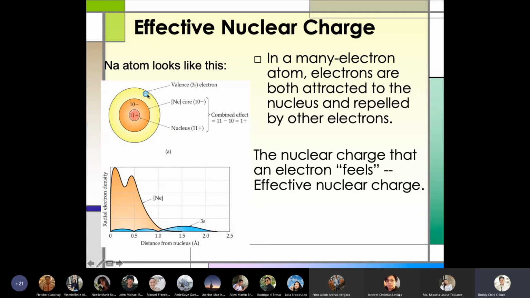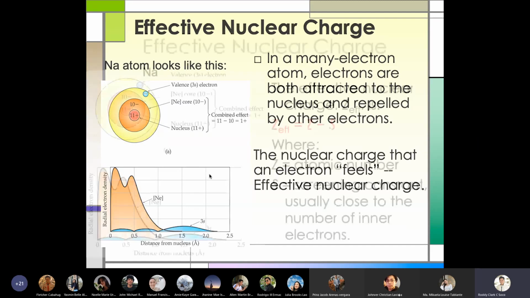That's why we have this combined effect. Instead of experiencing a pull of plus 11, we subtract 10 from it, so the nuclear charge is plus 1. And that has an effect on the atomic size of sodium, which we will see later on.